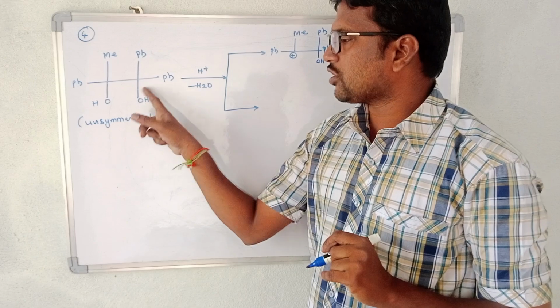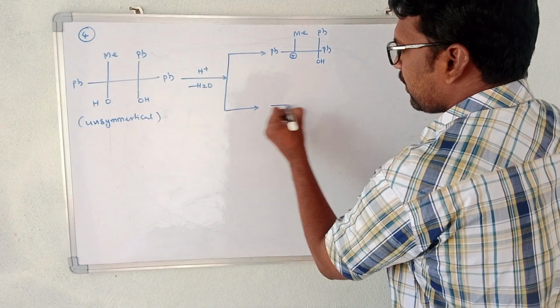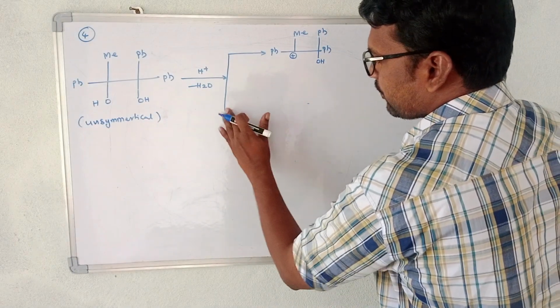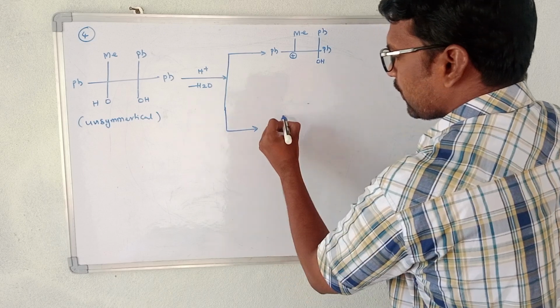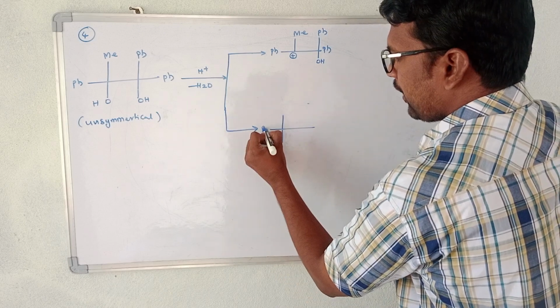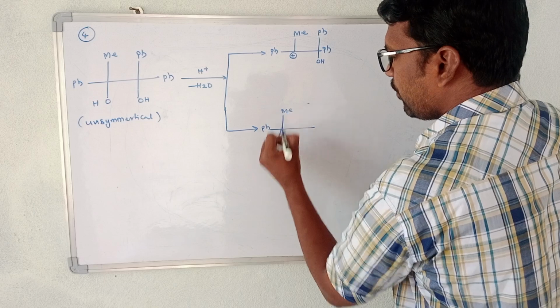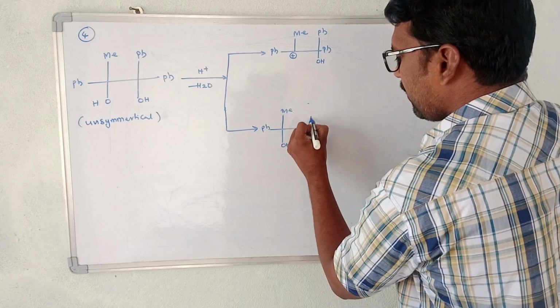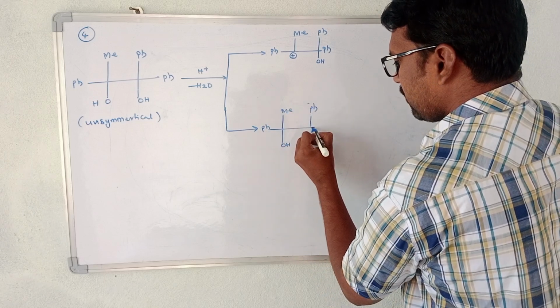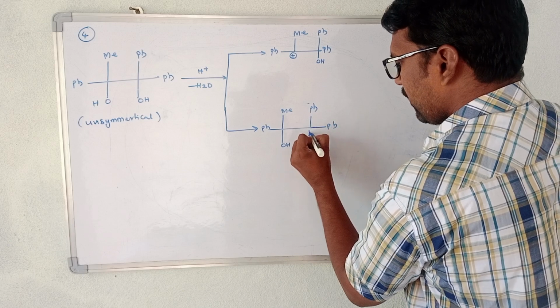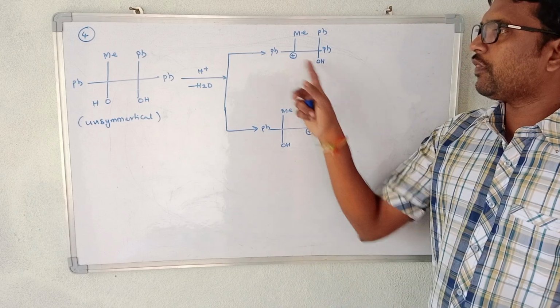Now from this place H2O can be eliminated. In that condition we get another one, like this: Ph, methyl group, OH, and here Ph is present. Now here the positive charge. Both are carbocations.